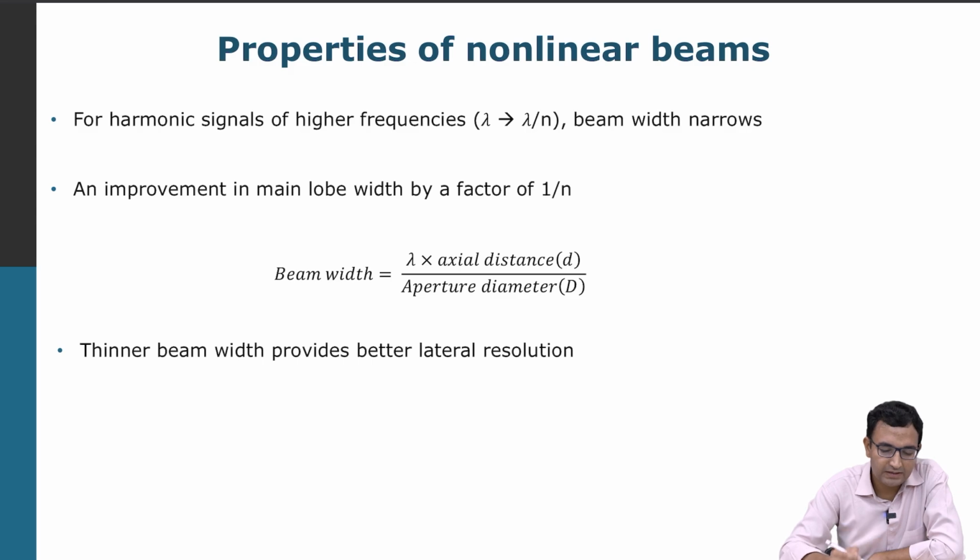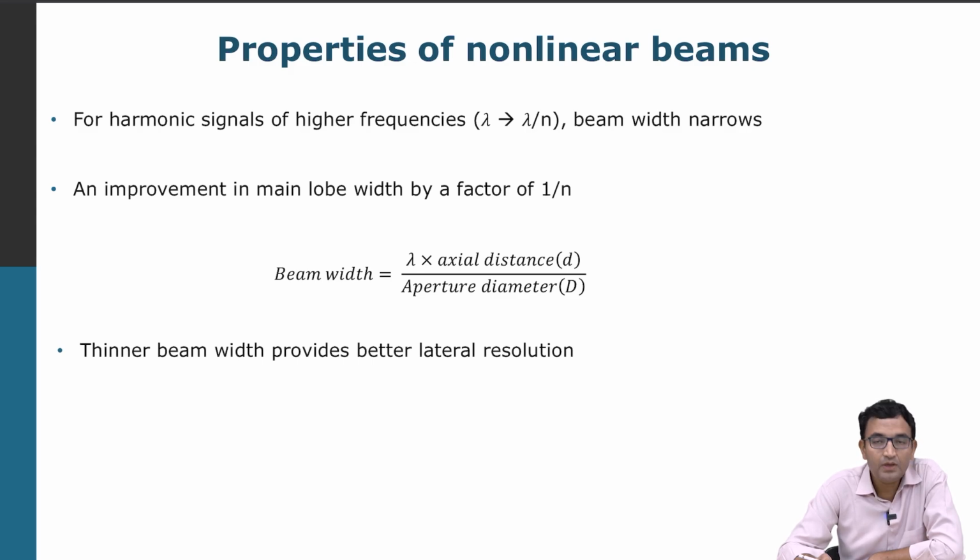For these harmonic signals, the wavelength is less because of higher frequency, while the speed of sound remains the same, c equal to f times lambda. If you apply that, you will see that if frequency doubles, lambda becomes half. We also discussed that as you focus the beam, the lateral resolution is limited by the wavelength. But now the wavelength itself is reducing, so the beam becomes narrower and narrower.